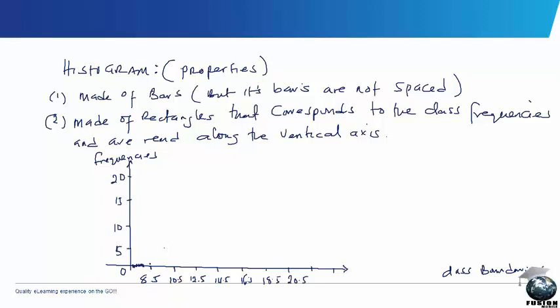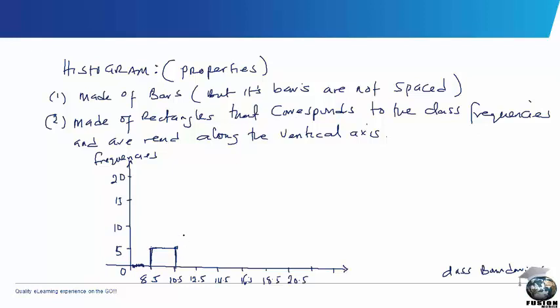The first class is a class of 8.5 to 10.5 with a frequency of 5. I'm trying to fit a good histogram at that point.